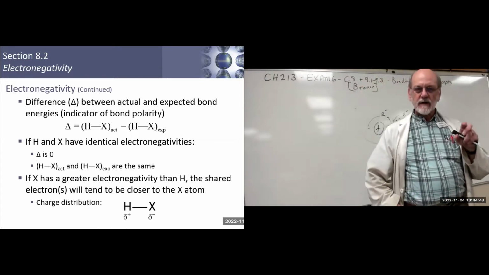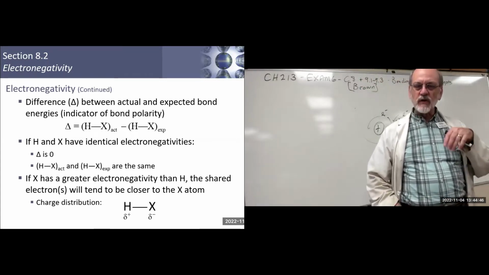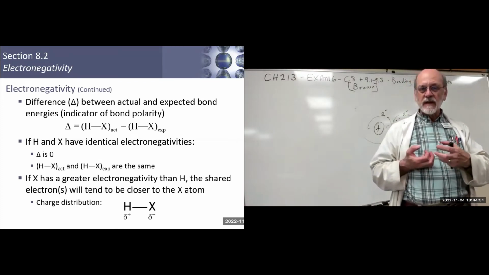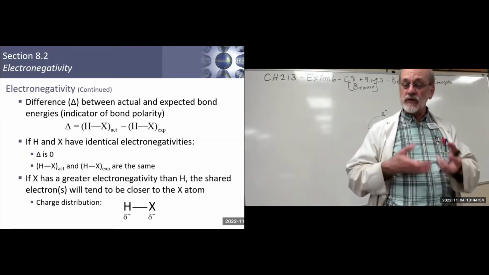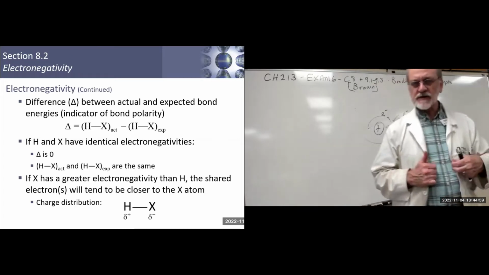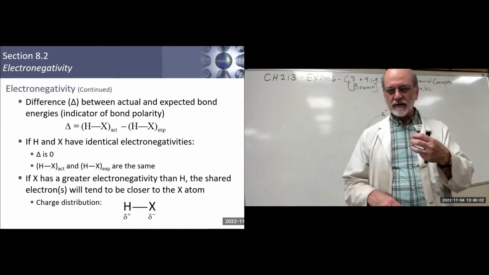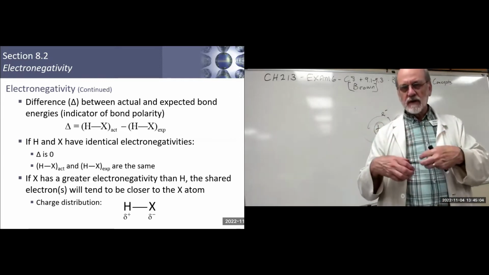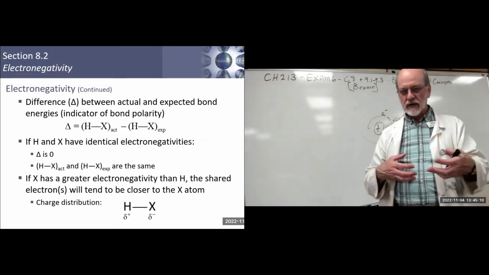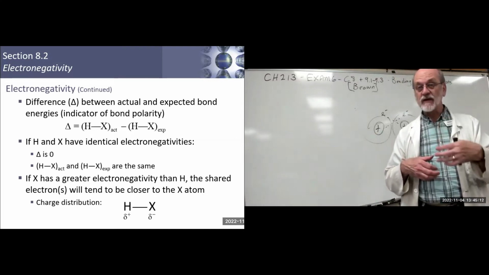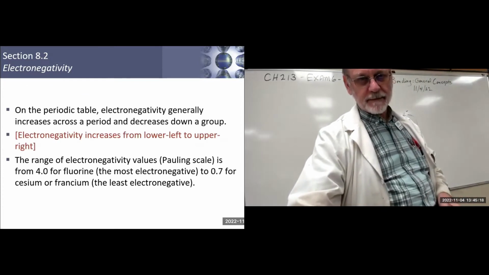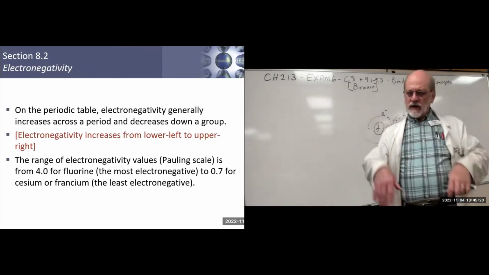If, however, the X has a greater electronegativity or an attraction for electrons than H, the shared electrons will tend to be closer to the X. And in this case, H is actually hydrogen. So what that tells us is hydrogen is the reference point, bonded with hydrogen. Any other atom bonded with hydrogen is the reference for development of the scale of electronegativities. Okay, so that's enough said about that.